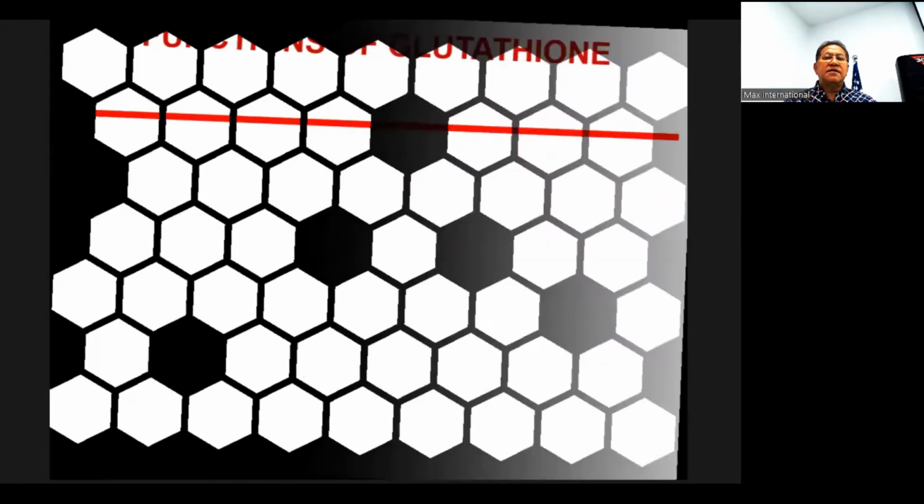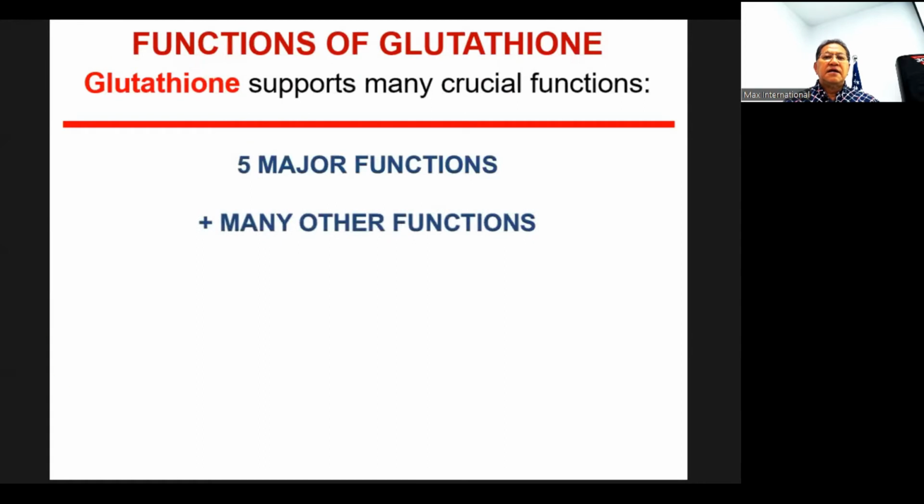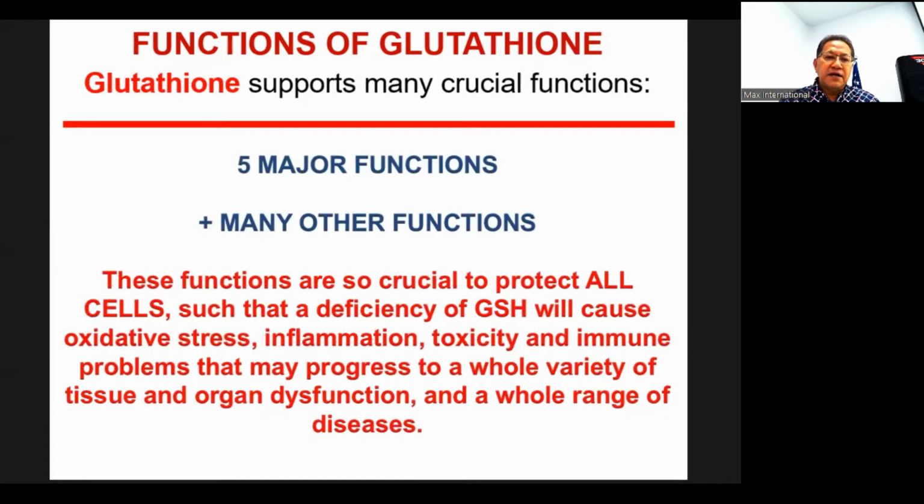Just to remind that apart from these 5 major functions, glutathione has hundreds of other functions. And these functions are so crucial to protect all cells, such that deficiency of glutathione will cause oxidative stress, inflammation, toxicity, and immune problems that may progress to a whole variety of tissue and organ dysfunction and a whole range of diseases.